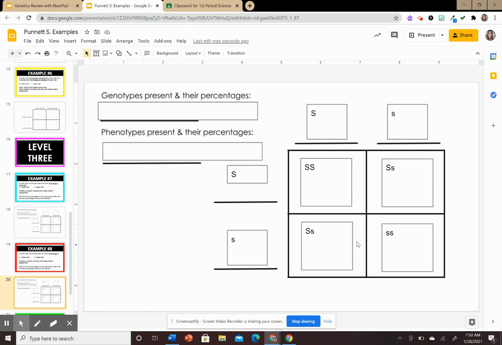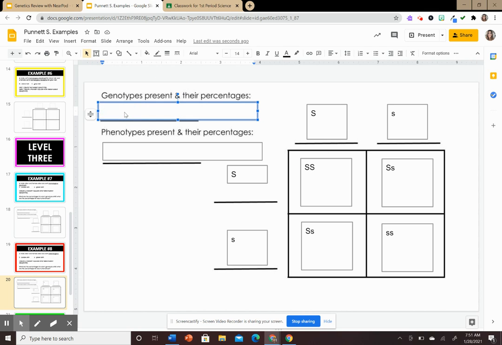So let's start with the genotypes. Remember, genotypes are the alleles you get from your parents, and they're represented with 2 letters. Well, there's lots of genotypes in this Punnett square. The first one is in this box, right? We'll start with this one. Big S, big S. That's the first genotype. So we'll put this right there. Big S, big S. And then we can go to this next box.